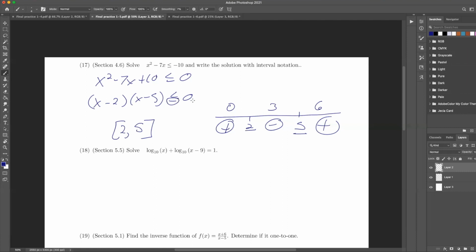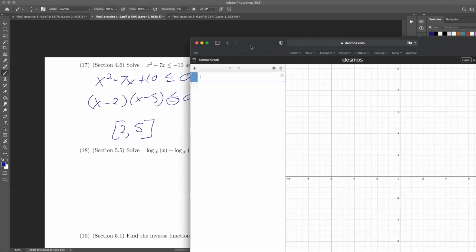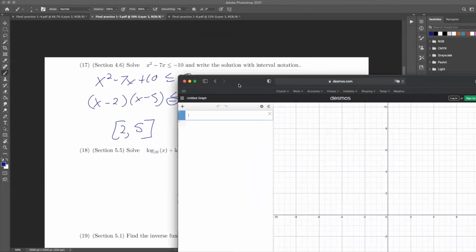And the way to double check this, in my opinion the easiest way, is just to type it in Desmos real quick. So let's go back to Desmos. And we type it in. So we have x.